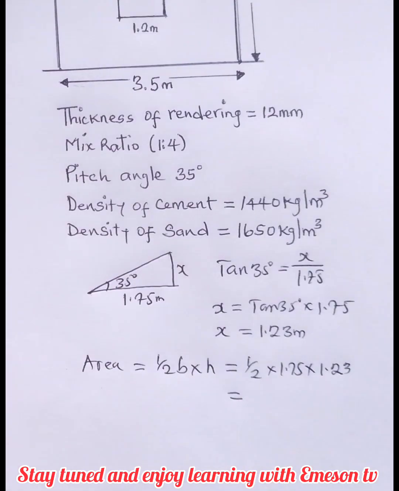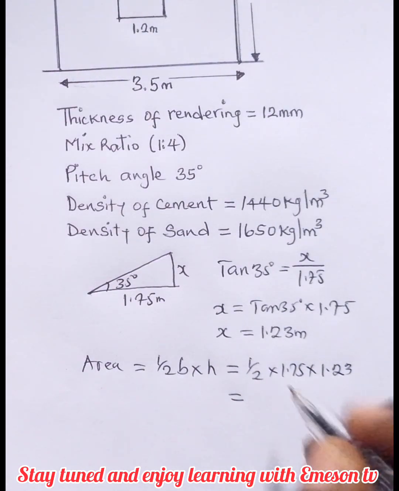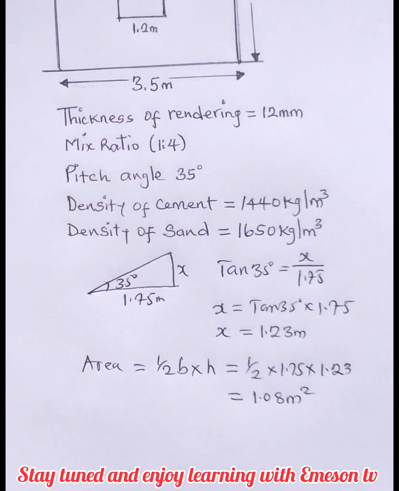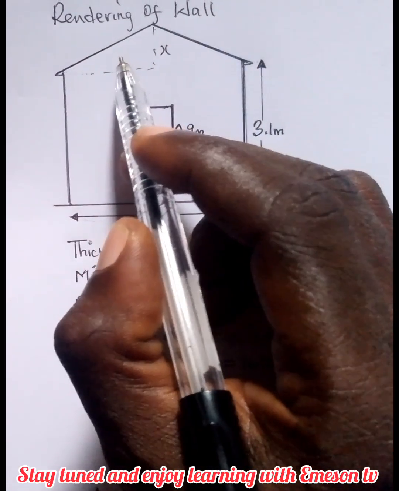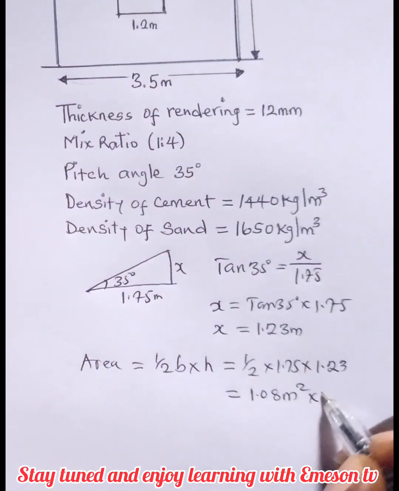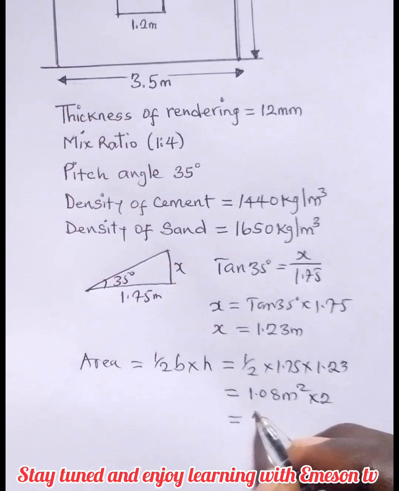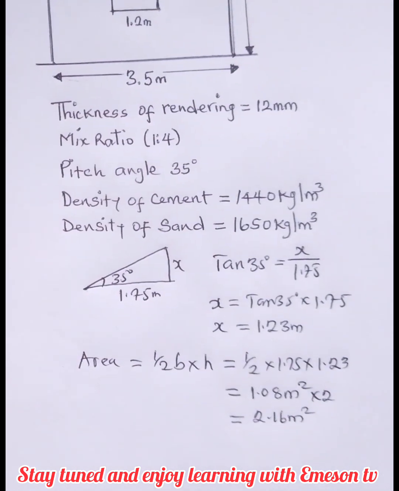So when you multiply this out, we are having 1.08 meter square. Because we have to look for the area here and this area here, I have to multiply what we have by 2. So this will eventually give us 2.16 meter square. So I've gotten that area.